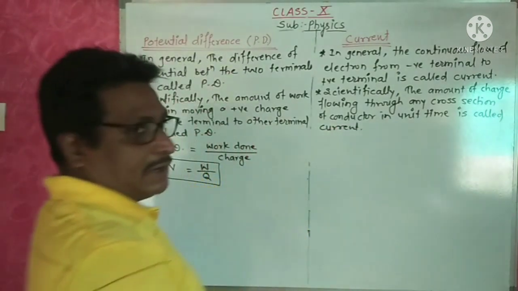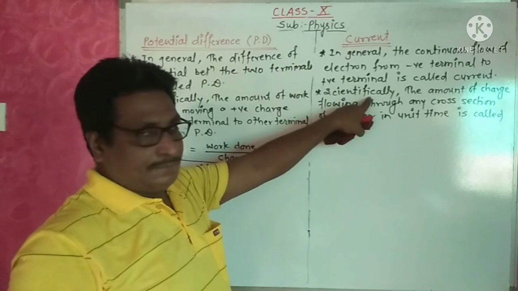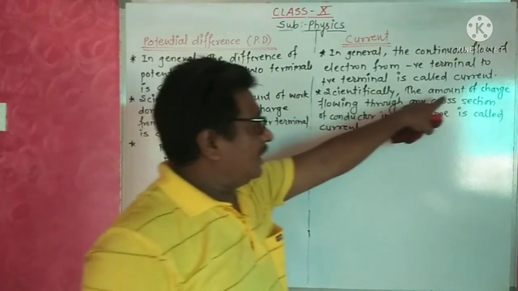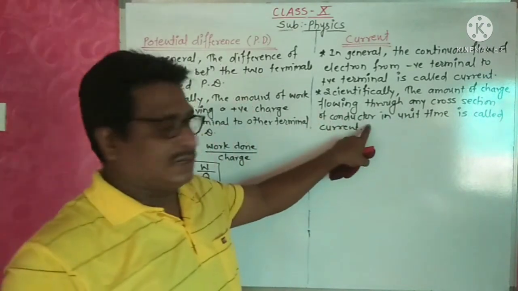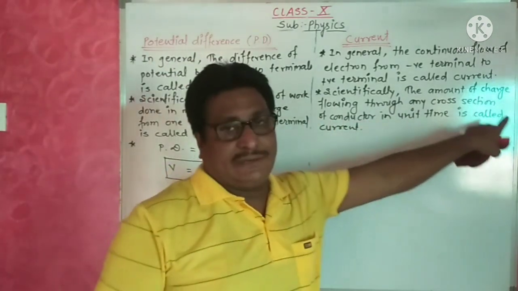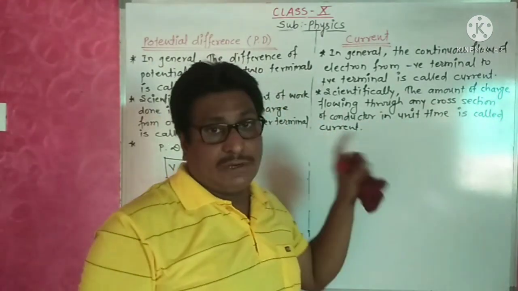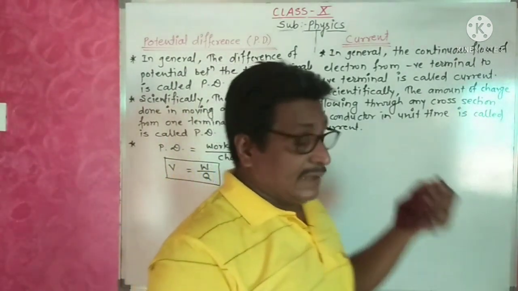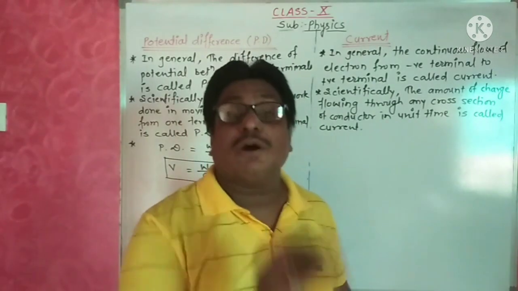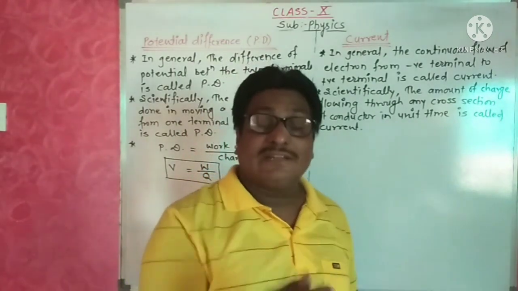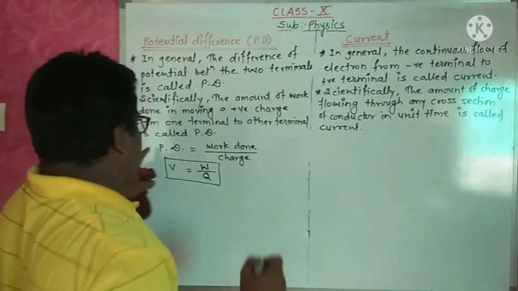What is the definition of current? Scientific definition: the amount of charge flowing through any cross section of conductor in unit time is called current. Means in a given time how much charge is flowing through a conductor, that is called the electric current.